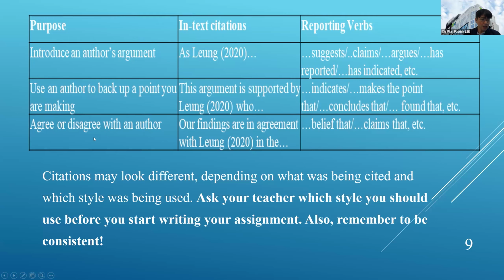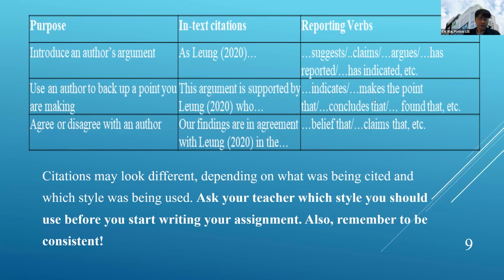Okay? Now, sometimes when you agree or disagree with someone's argument, then, for example, you can say our findings are in agreement with Learn, all right, in the belief that, in the claim that, or our finding, for example, you interview someone or you argue for something, and then our conclusion here aligns with the findings of Learn, in the claim or in the argument, etc. Okay, all right.